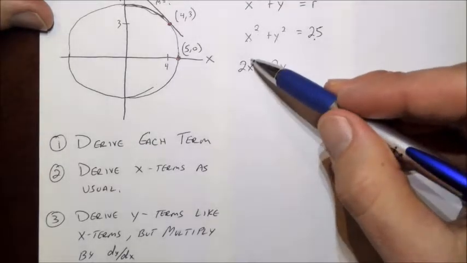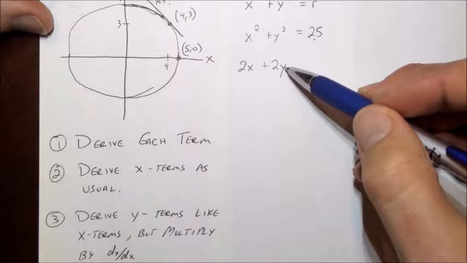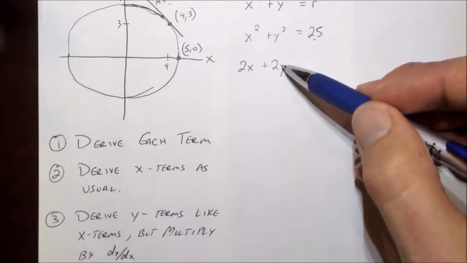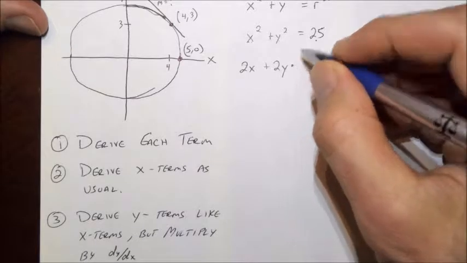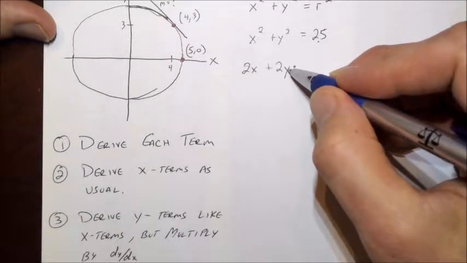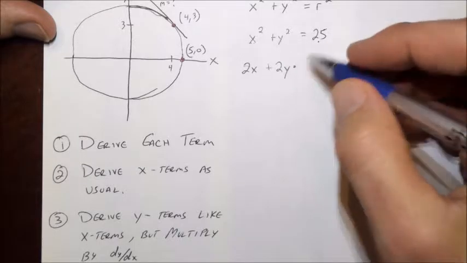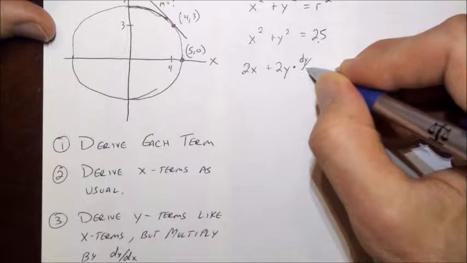If x squared derives to 2x, then y squared derives to 2y. But because this is not an x term, we do have to take that into account, and we do so with the chain rule. The chain rule says we have to multiply by the derivative of the inner function. The inner function is y, and the derivative of y with respect to x is literally dy dx.